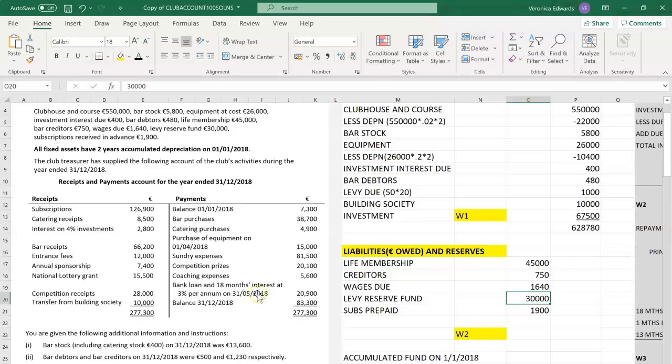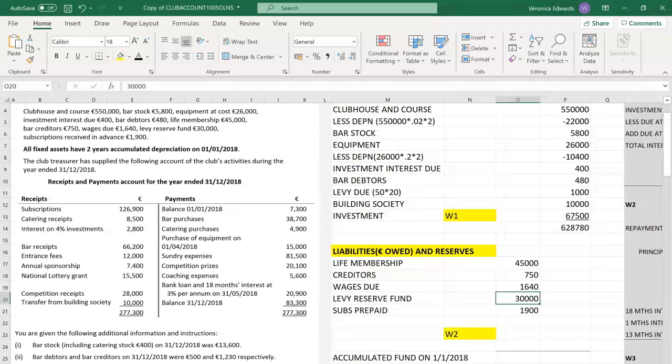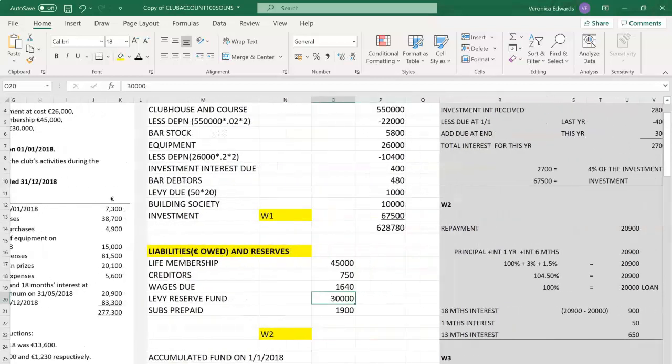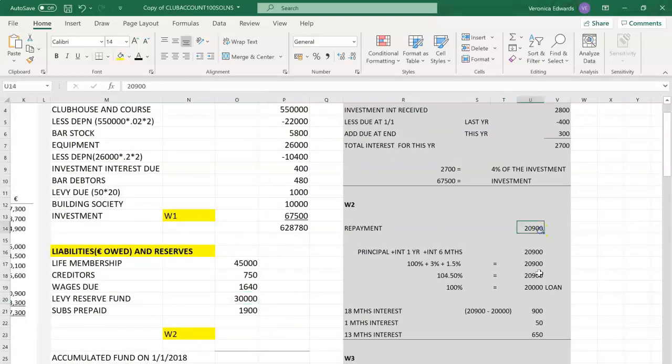Okay, so we're going to have a look at that over here now in working number 2. Okay, and we'll see it over here on the right hand side. So we know they're making a repayment of 20,900, and we know that that's the loan plus 18 months interest. So we could say that that 20,900 is the principal, the loan, plus the interest for 1 year, plus the interest for 6 months, 18 months in total of interest.